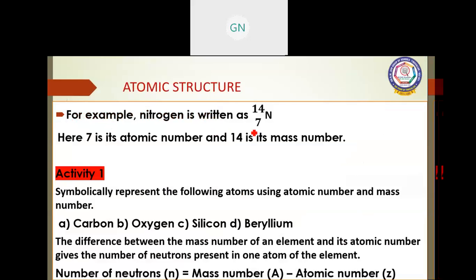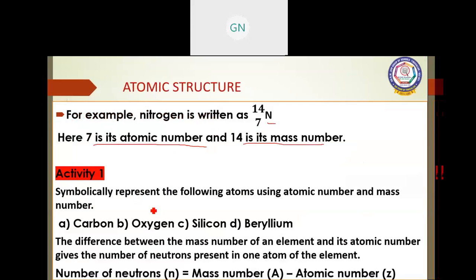Like that we have to write for all elements. For example, nitrogen is written as N with 14 and 7. So 14 is the mass number and 7 is the atomic number.